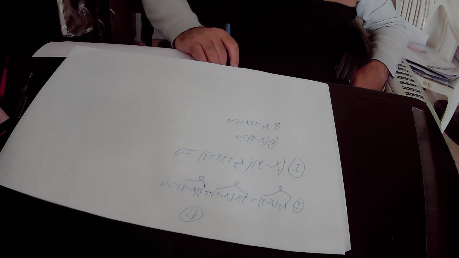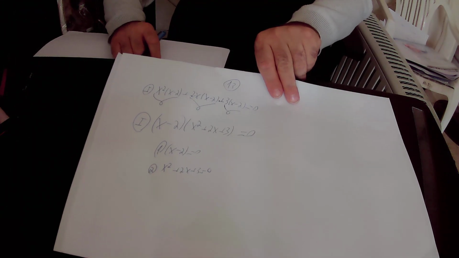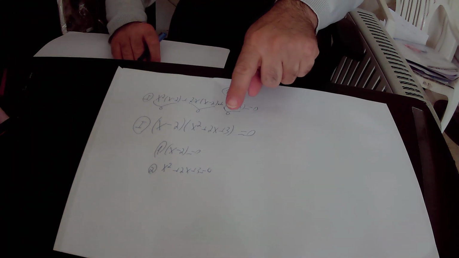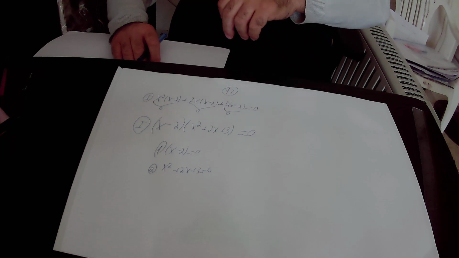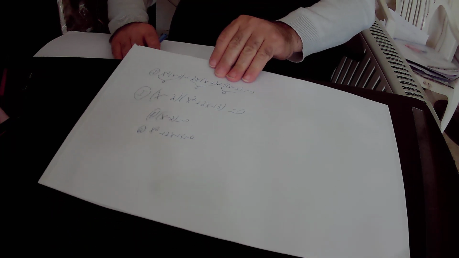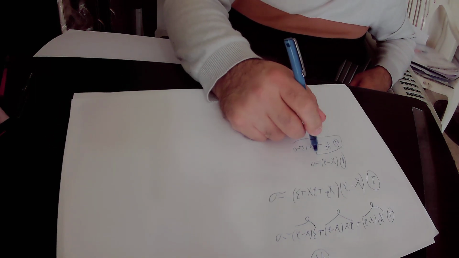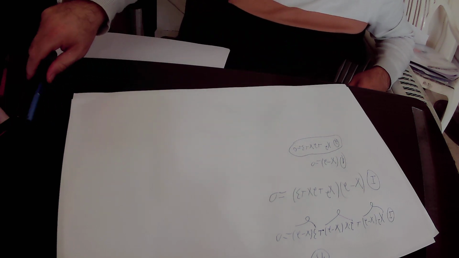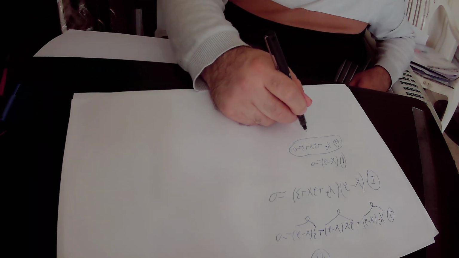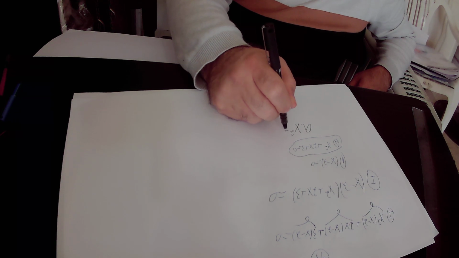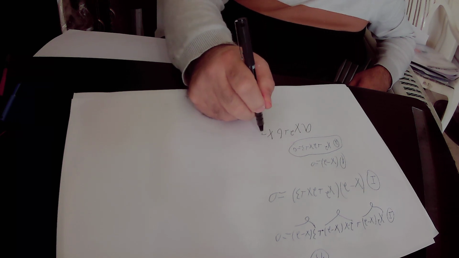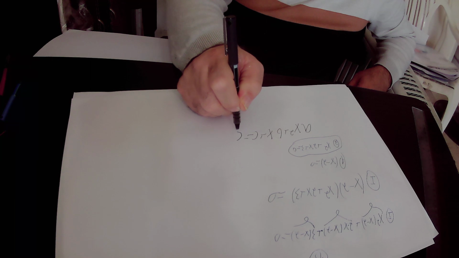Okay, so we have here a quadratic equation, and the general formula for a quadratic equation is ax squared plus bx plus c equals 0.